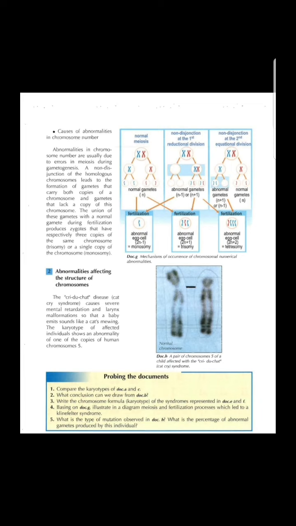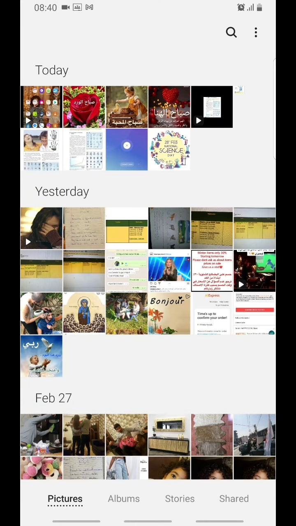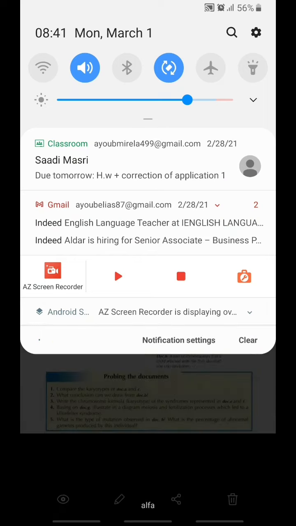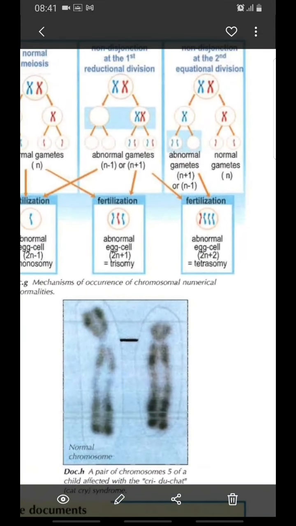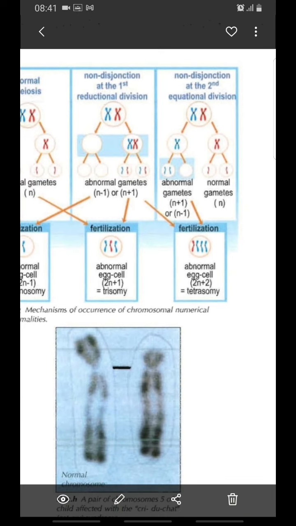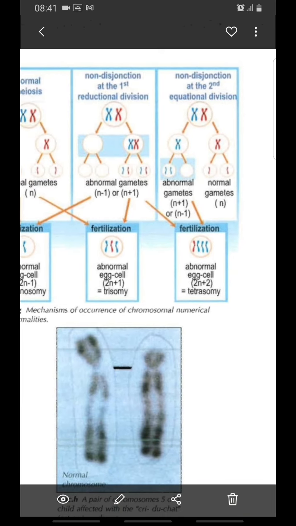But if the mistake is during meiosis 2, there is a probability that the baby is normal. How? If you look at the non-disjunction of the second equational division, you can see that the sister chromatids aren't separated correctly.